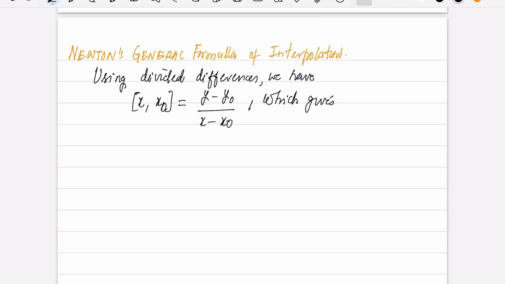We will compute y from this equation. This will give us y equal to y0 plus x minus x0 into x comma x0. Let's call this equation number 1.